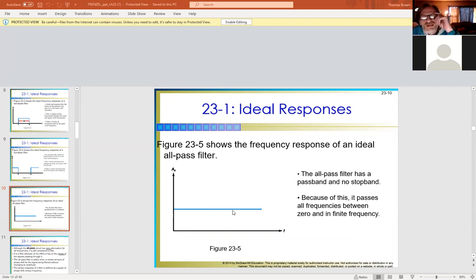For a case like this, an ideal all pass, what you're doing is signal replication, where you're not allowing the original signal to actually go through. What you're going to do is replicate that signal. And believe it or not, that allows you to get rid of certain noise ripples and such.